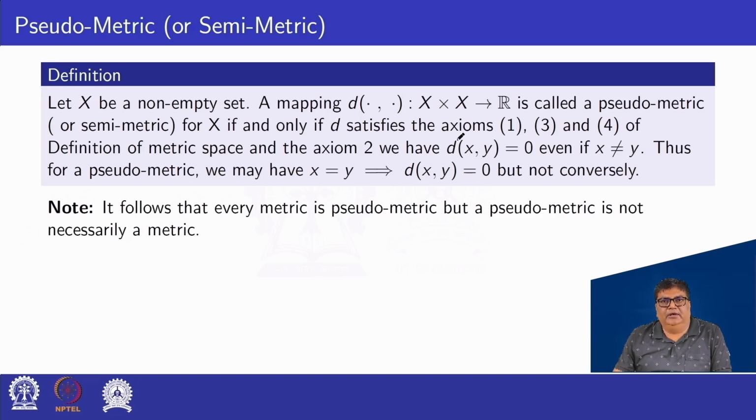In the second condition of metric, we have dxy is equal to 0 if and only if x is equal to y. But in pseudometric, dxy is equal to 0 even if x is not equal to y. This is the difference.